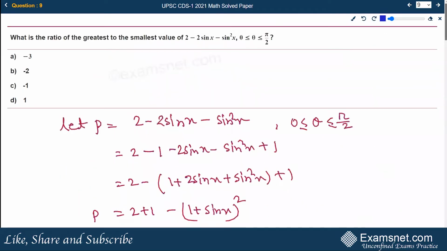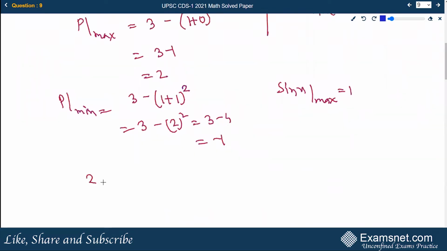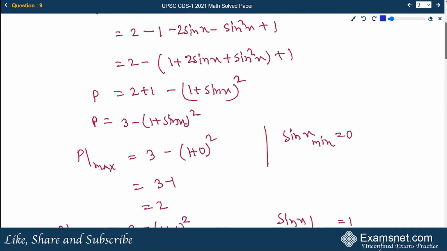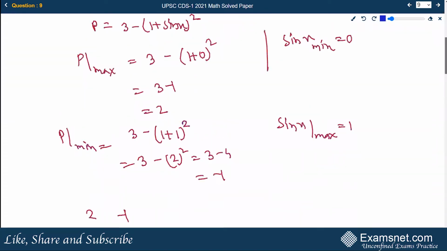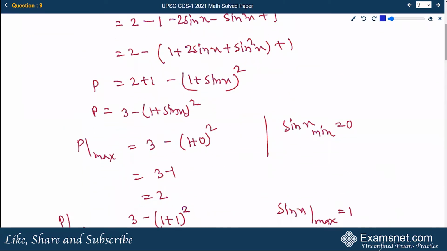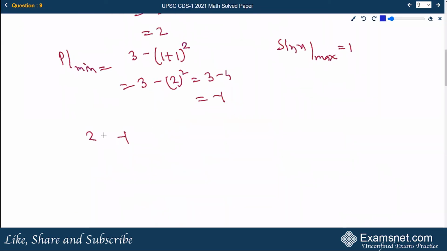Now the question is the ratio of the greatest to the smallest. What is the greatest is 2 and smallest is minus 1. Product of 2 and minus 1 is minus 2.